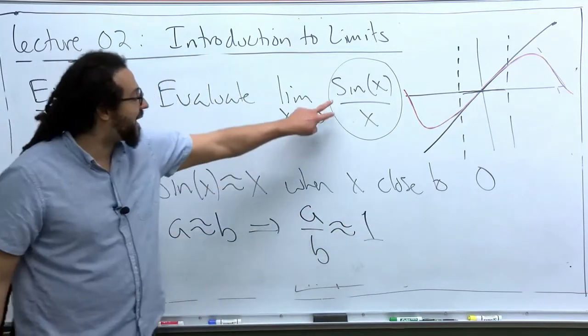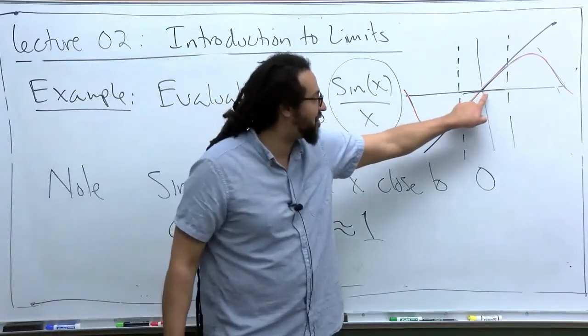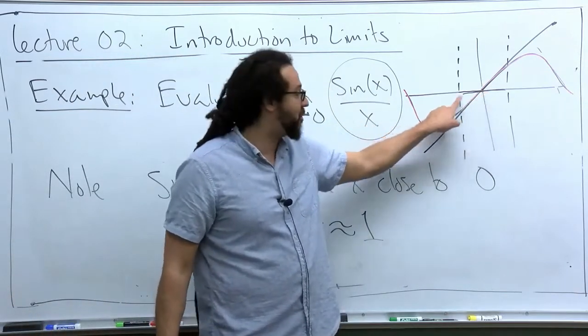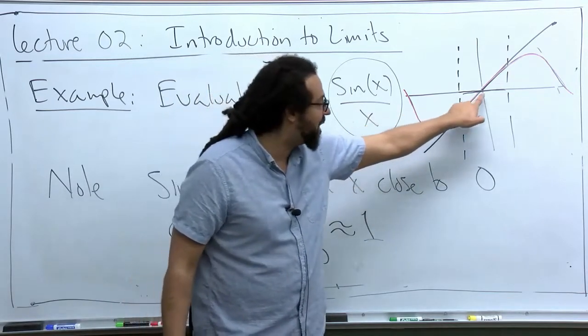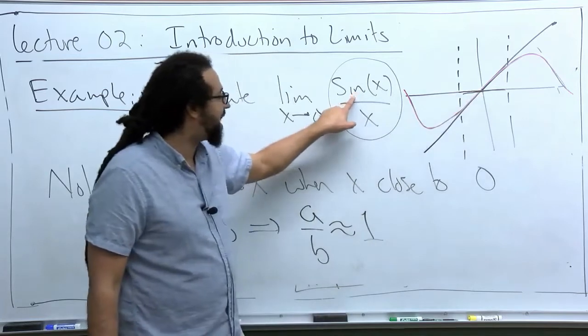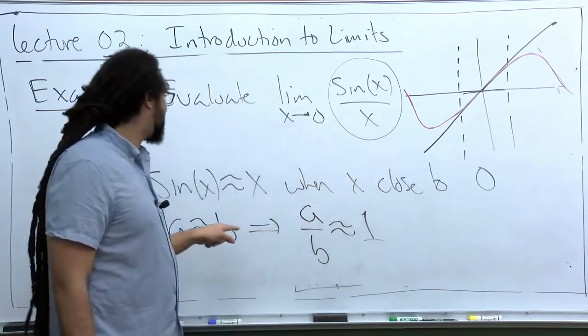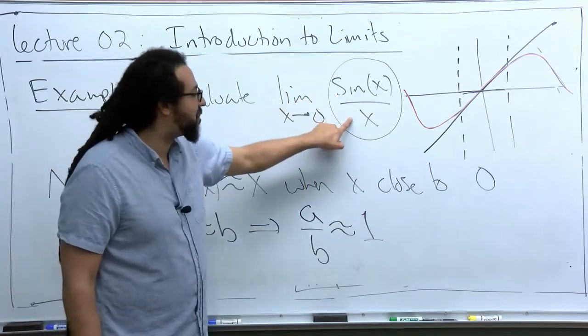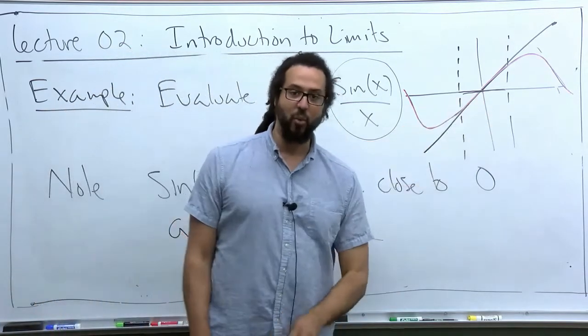So we guess that because sine of x is very close to x when we are near 0. The same is not true when we get away from 0, where we get a lot of divergence. But close to 0, sine of x and x are roughly the same. Therefore, for the fraction sine x over x when we are close to 0, we should expect to get 1.